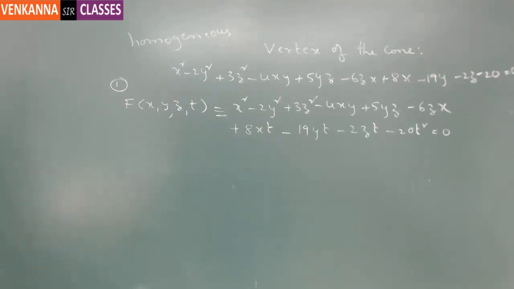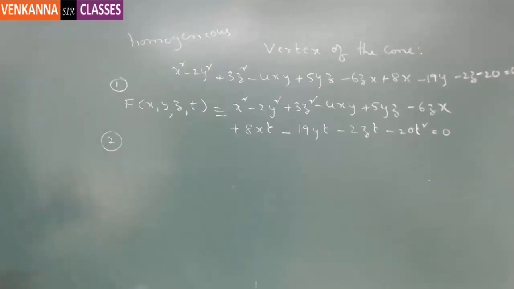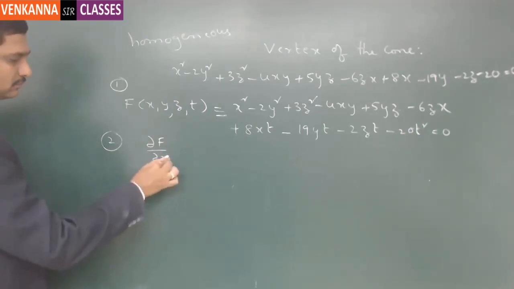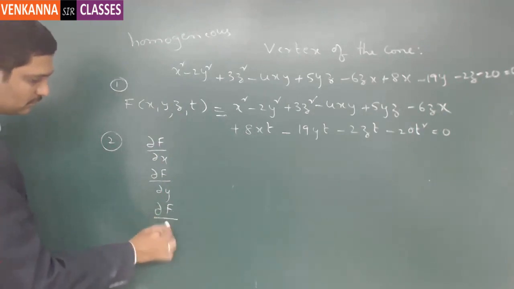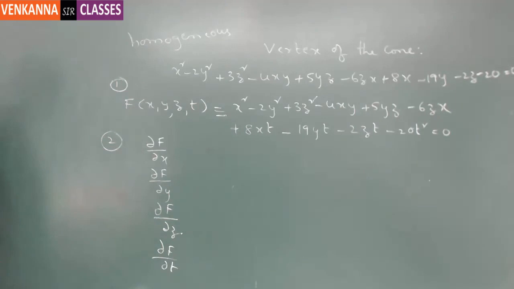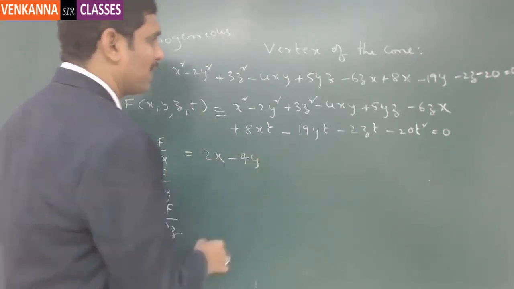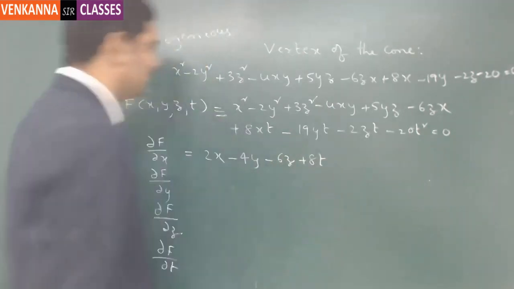Now, the second step is we have to do the partial derivatives for it. The four partial derivatives we are considering. With respect to x, it is nothing but 2x minus 4y minus 6z plus 8t.